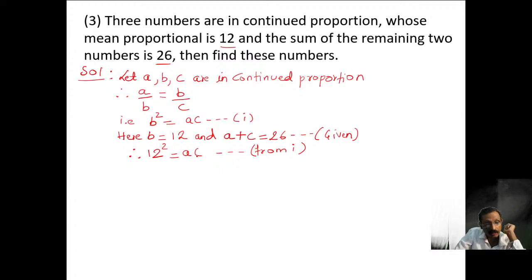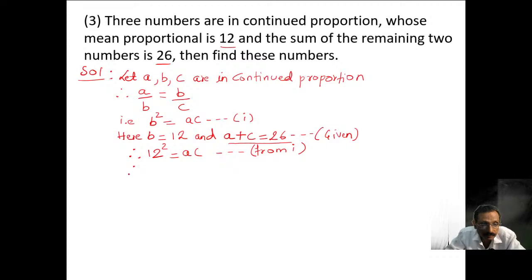Okay. Now, if you carefully see here, what was given to me? A plus C is equal to 26. Suppose I want the value of C from this, what do I get? I get 26 minus A.